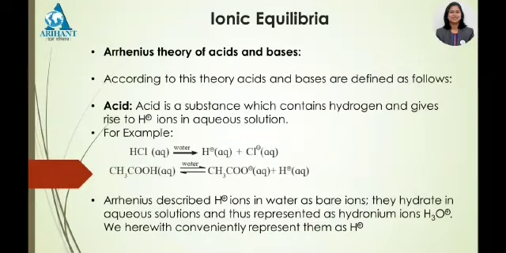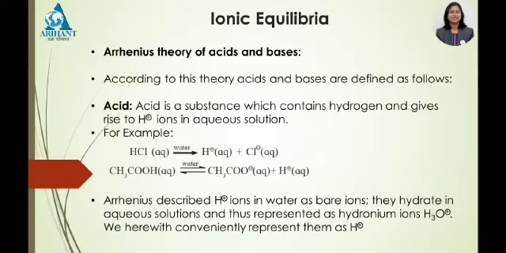Acid. An acid is a substance which contains hydrogen and gives rise to H plus ions in aqueous solution. For example, HCl. Now students, you can see a small bracket where we have written aq. aq means aqueous solution. Now HCl gives you H plus ions plus Cl minus ions.